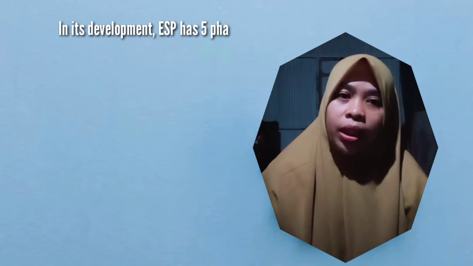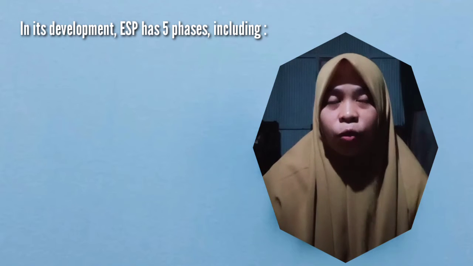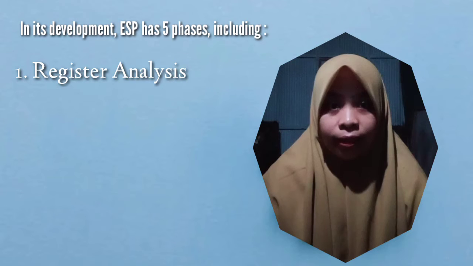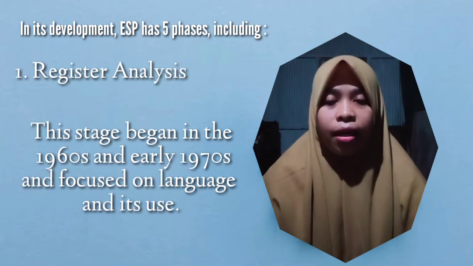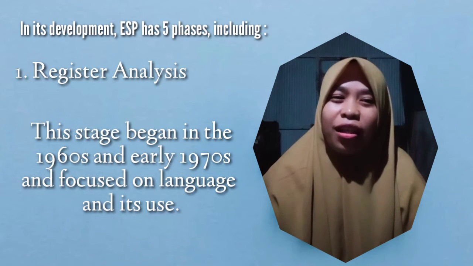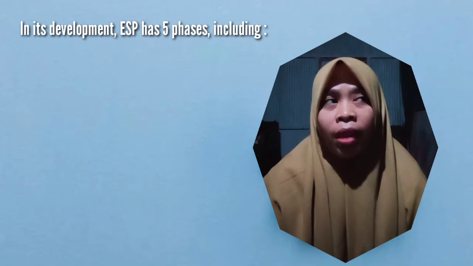The second discussion is the development of ESP. In its development, ESP has five phases. Number one, register analysis. This stage began in the 1960s and early 1970s and focused on language and its use.